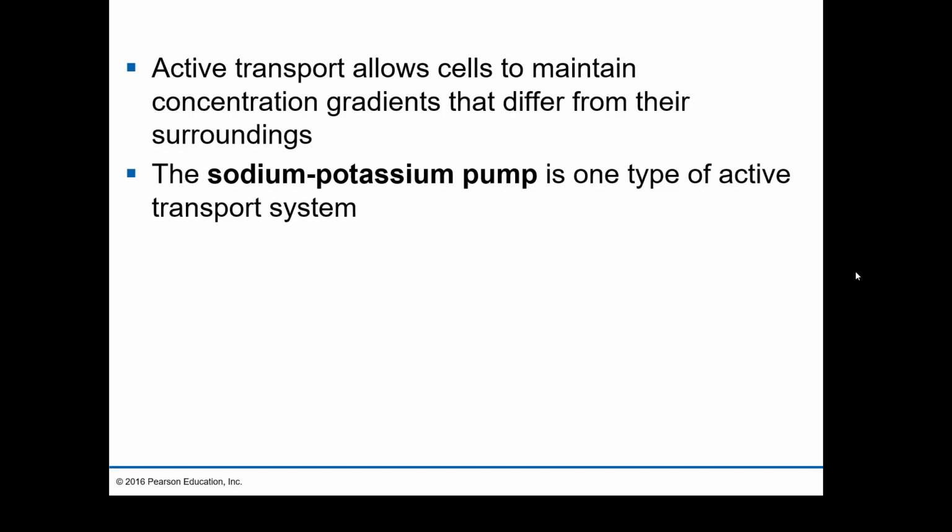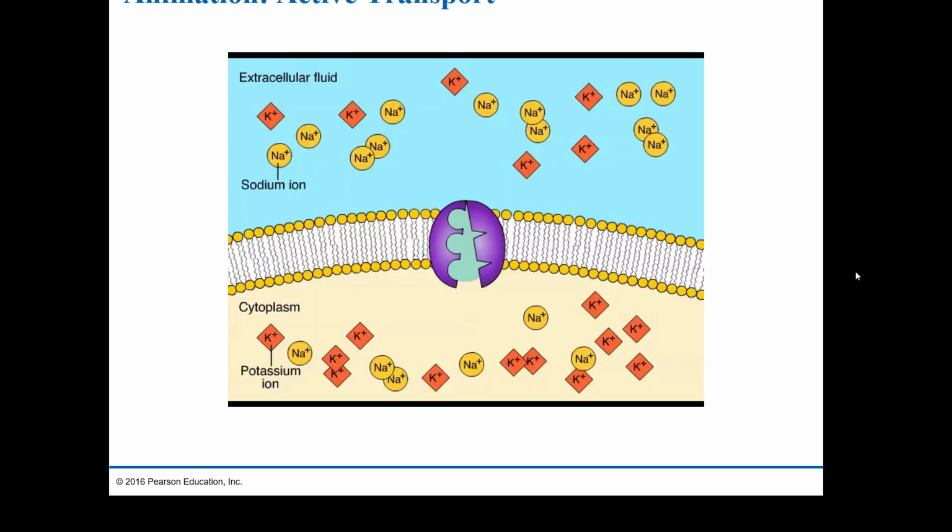One very, very common type of active transport system is the sodium-potassium pump. If you get into biology or biochemistry, or you take other higher biological classes, you'll learn all about the sodium-potassium pump. Sometimes a cell needs to move a solute against its concentration gradient.